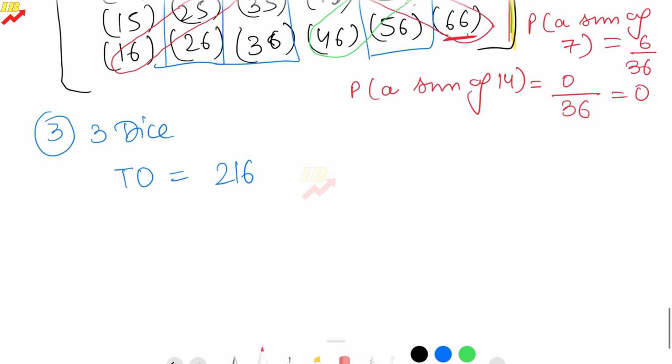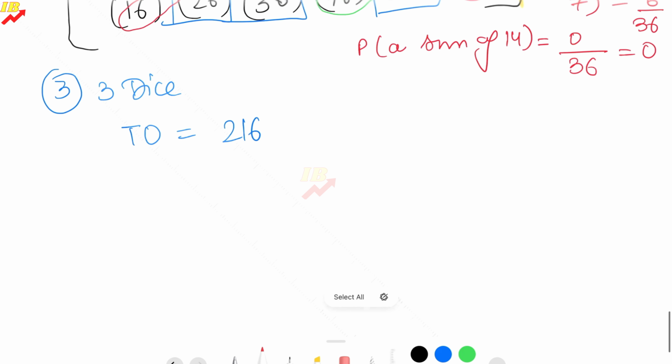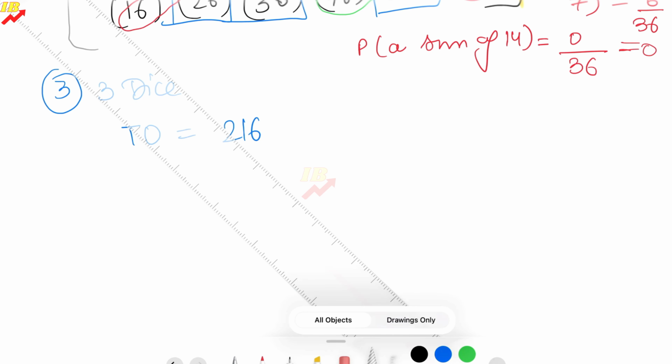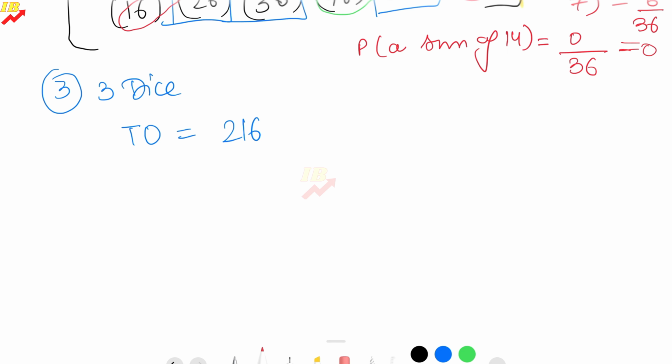Now come back to this 3 dice case. They can simply ask you about a triplet. So here we can go along with the triplet.